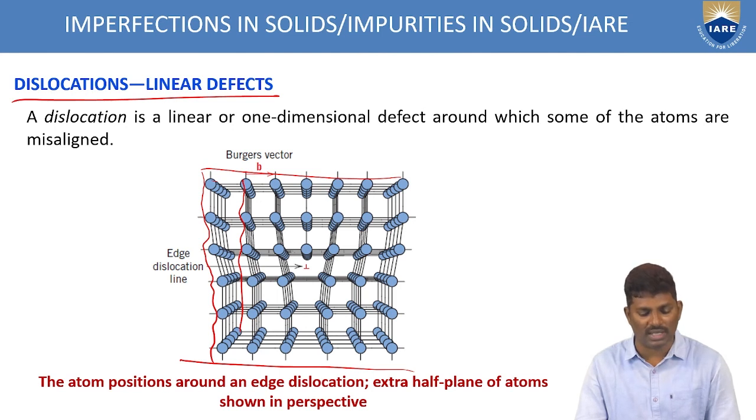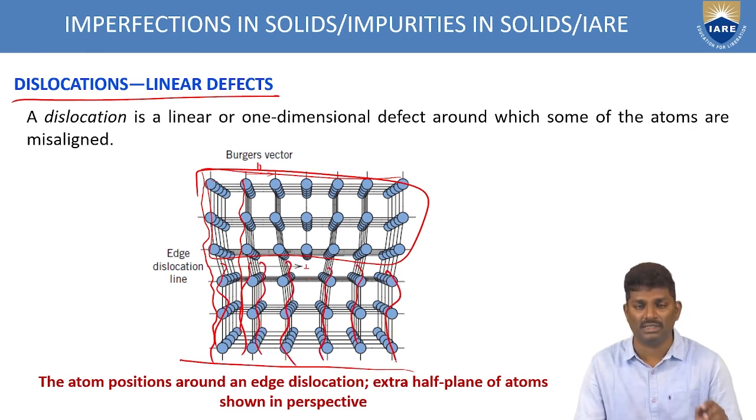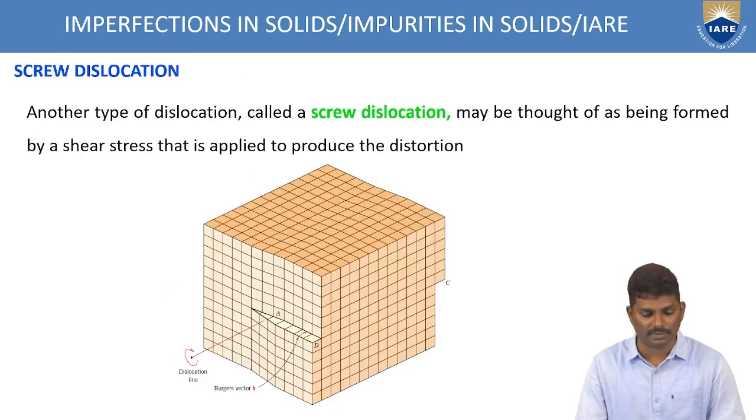The atom position around an edge dislocation, with an extra half plane of atoms, is shown in this textbook. If you remove up to this point, you get a good linear arrangement. Now once the atom is removed from this, you get some dislocations like this. Linearly it is changed. So this is one type of dislocation with respect to linear.